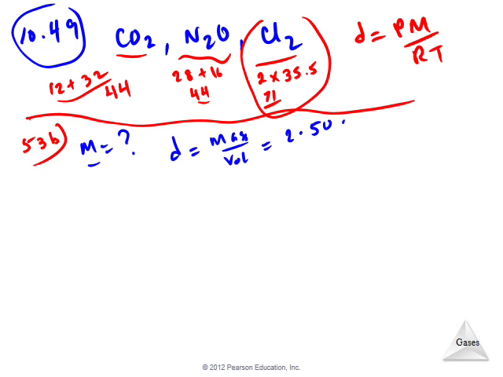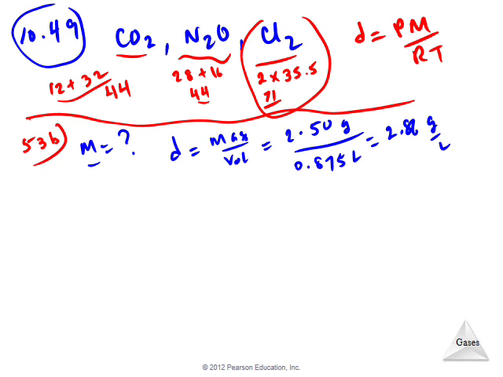And volume is 0.875 liter. And that gives you 2.86 gram per liter. So we already got the density value from the given information.